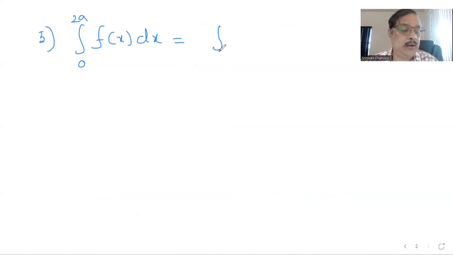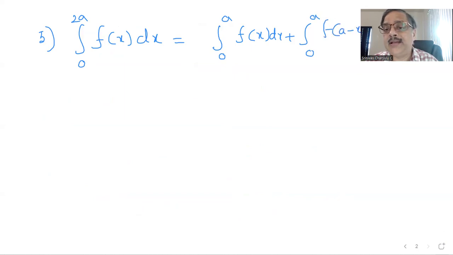Next, the fifth property: integral 0 to 2a f of x dx is equal to integral 0 to a f of x dx plus integral 0 to a f of (2a minus x) dx. Please understand thoroughly.